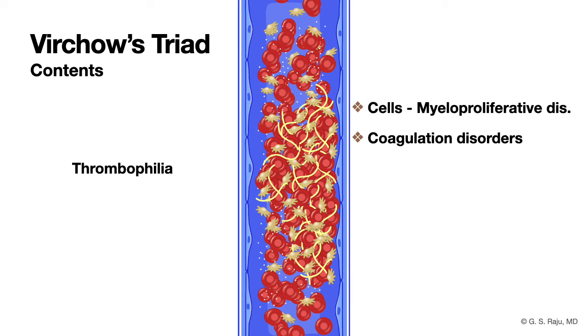There is a natural anticoagulant mechanism that is mediated by protein C, protein S, and antithrombin. If they're deficient, then you cannot stop coagulation from happening. You can also see thrombosis.